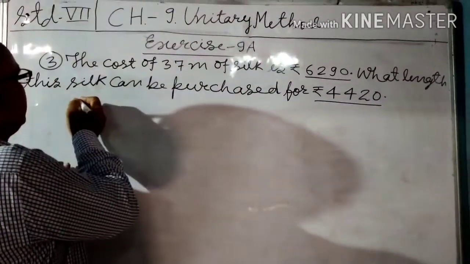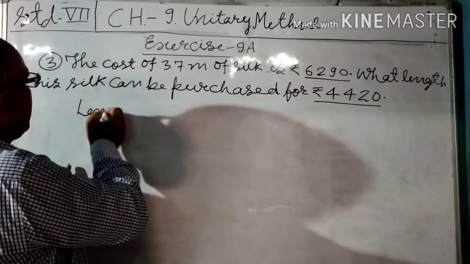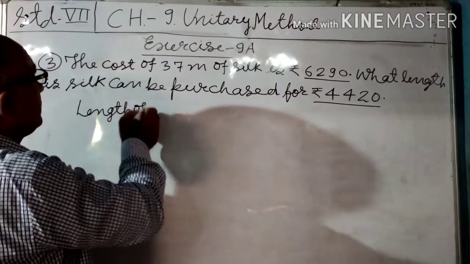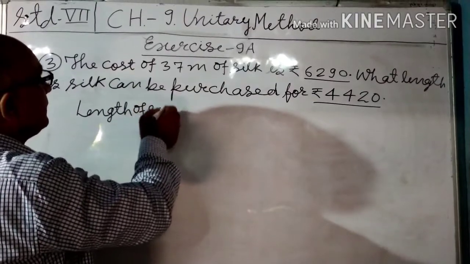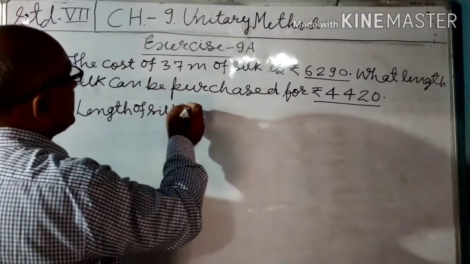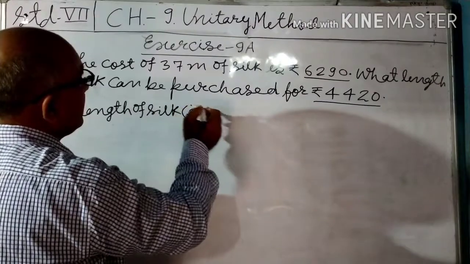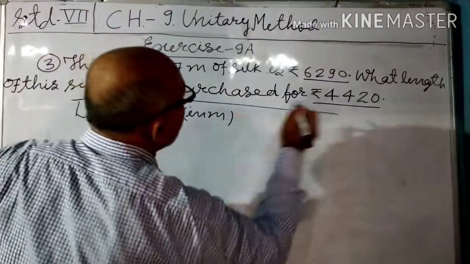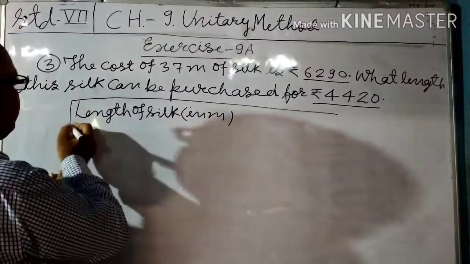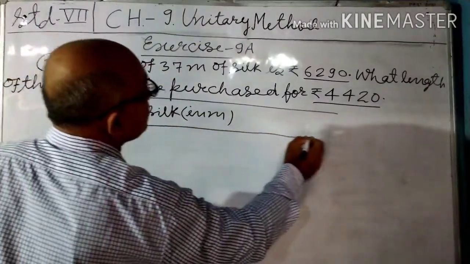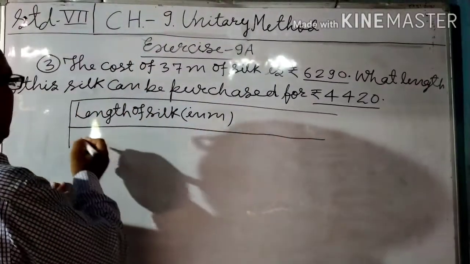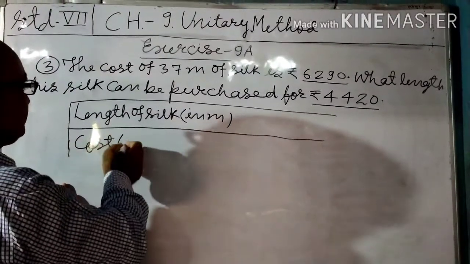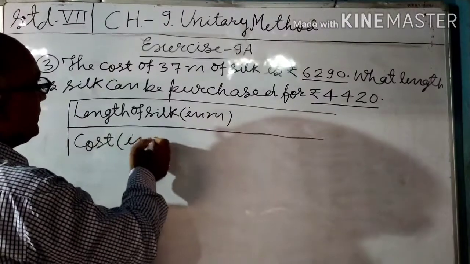So first write length of silk in meters. In second box, cost in rupees.